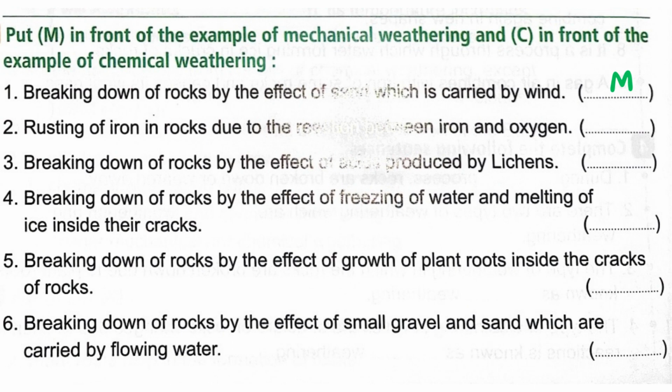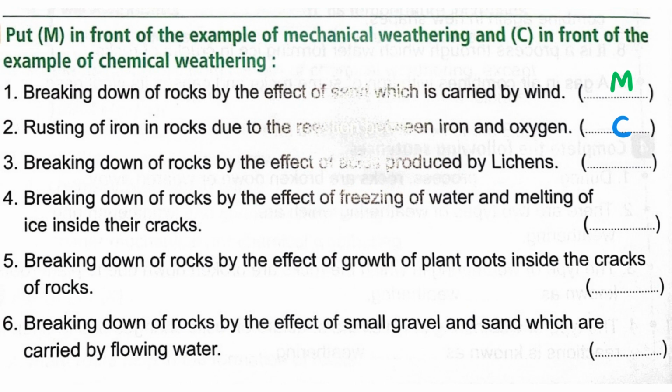Okay, so here we have the second one, rusting of iron rocks due to the reaction between iron and oxygen. Here, there is a reaction between the iron and oxygen, and this includes what? Forming a new substance. This is chemical weathering, so we will put C here.